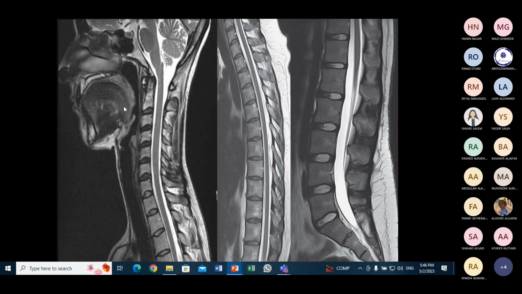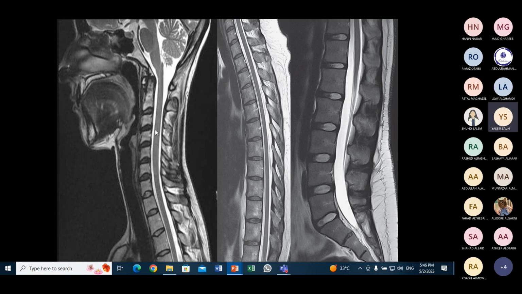What is this? What is this image? Yes, any volunteer? Is it X-ray? Is it CT? Is it MRI? What is this? MRI.